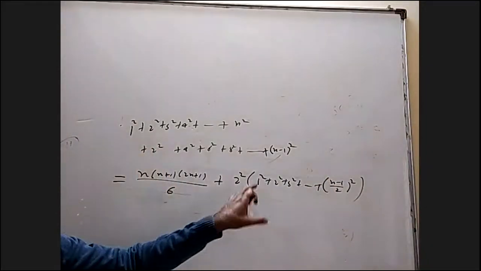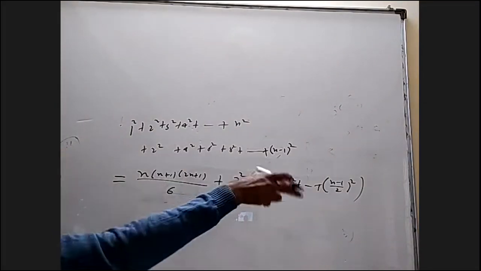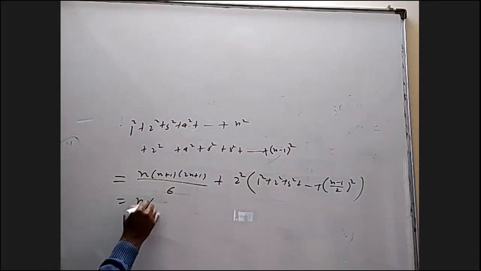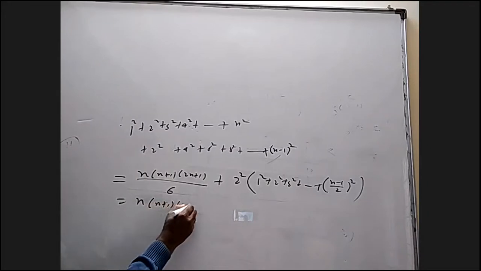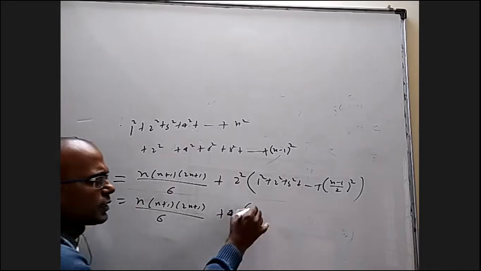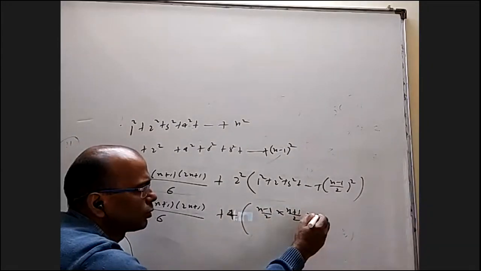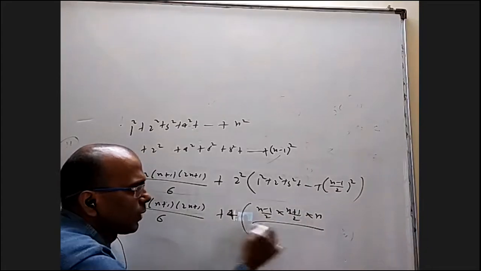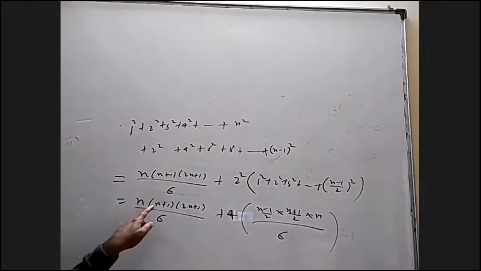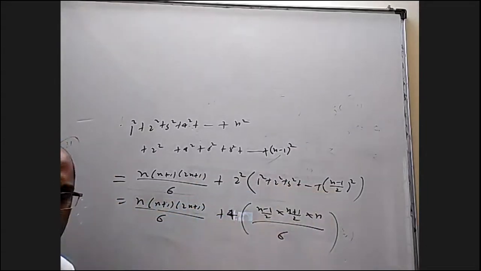It is the sum of squares of the first n minus 1 by 2 natural numbers. So same formula, but wherever n is there, we write n minus 1 by 2. N into n plus 1 into 2n plus 1 by 6 plus 4 into, this is n minus 1 by 2 into n plus 1 by 2 into n by 6. In this formula, wherever n is there, I am substituting n minus 1 by 2. That's how I got this.